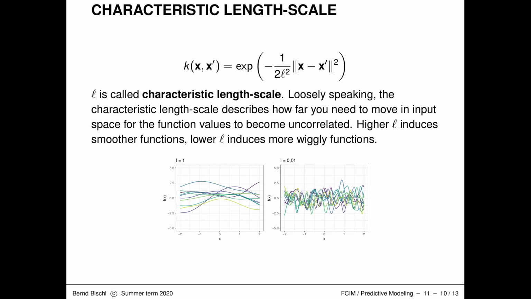So higher L induces smoother functions, lower L induces more wiggly functions. This lower L allows us to model much more locally than if we would use something like this here, which means that the function can only very slowly vary across smaller intervals.